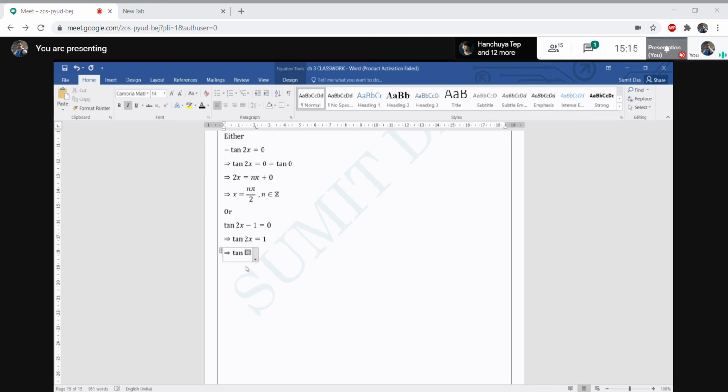We know that tan pi by 4 is 1, right? So we write tan pi by 4, which implies 2x, again not an odd multiple, equal to n pi plus pi by 4.